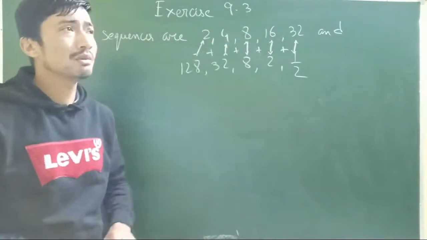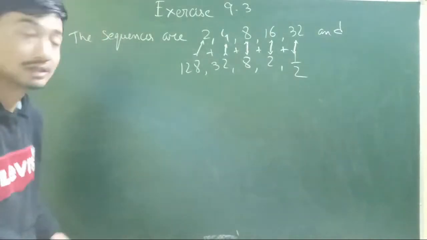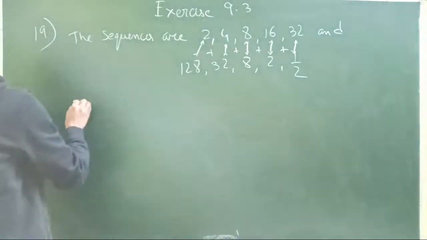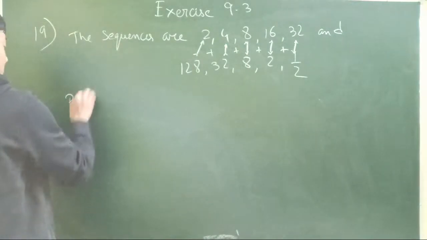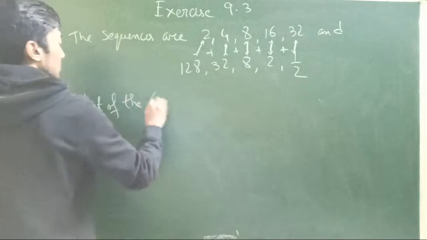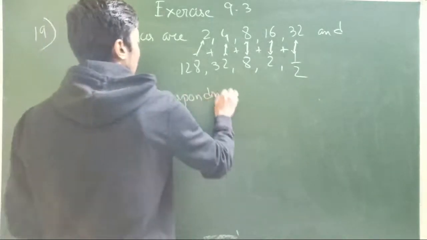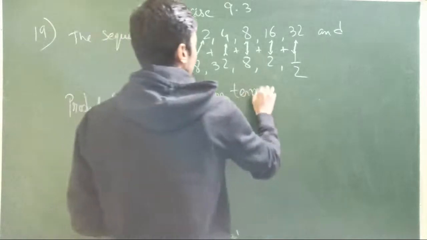You might need a formula, or without that also you can do. Doesn't matter because it doesn't say anything. You can do it in your own ways. So let's say the product of the corresponding terms.